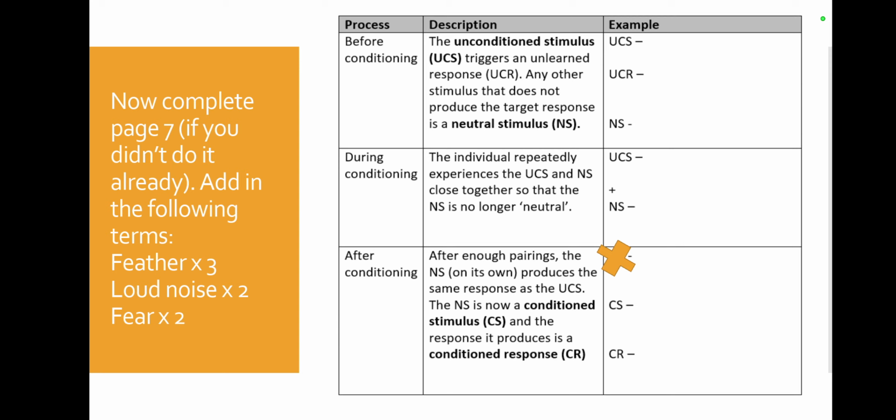We've got loud noise used twice, and we've got fear used twice as well. And obviously we clarified on page 7 there is an error, so you want to get rid of the NS in the box, in the row for after conditioning. So go ahead and do that for me now, and we'll check that everybody's got that filled in on Friday. So pause this here and just make sure you've got something correct into that space.